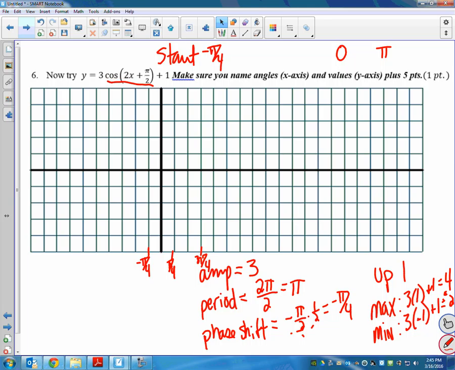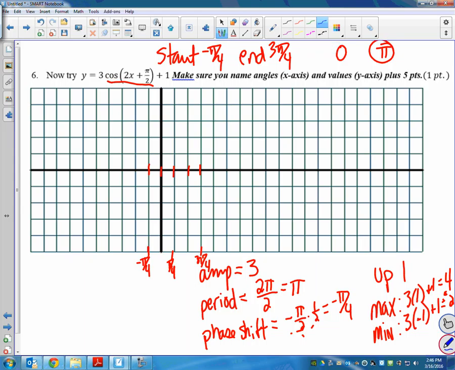So it's going to start here at negative pi fourths, and it's going to end at pi plus negative pi fourths, which means I know my graph's going to end at 3 pi fourths. And if you look at that, I have those 5 key points now. So I have my 1, 2, 3, 4, 5, and that's how I can make a full period of cosine no matter the phase shift.